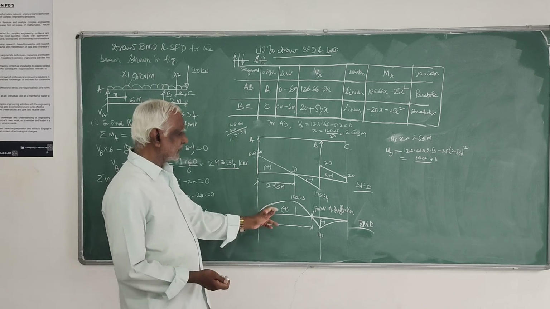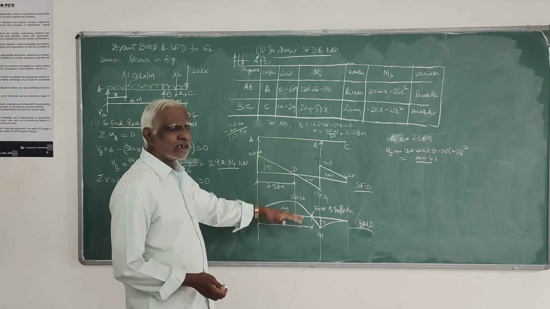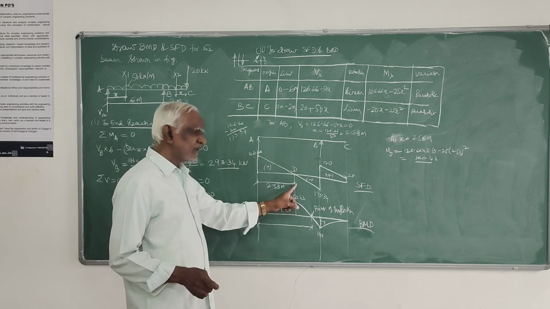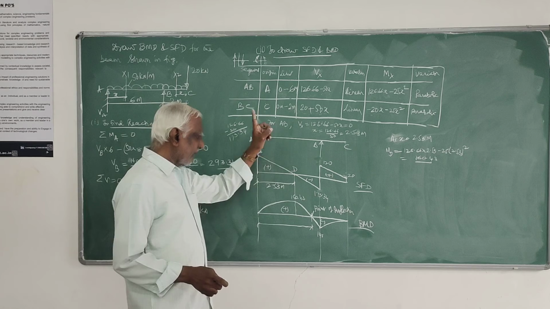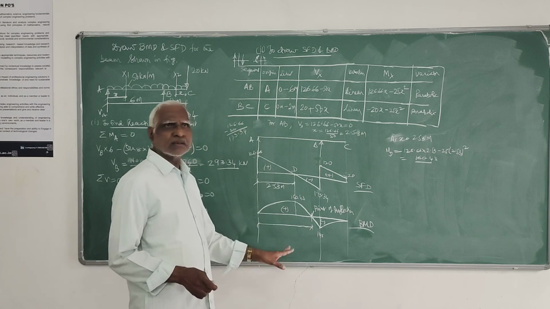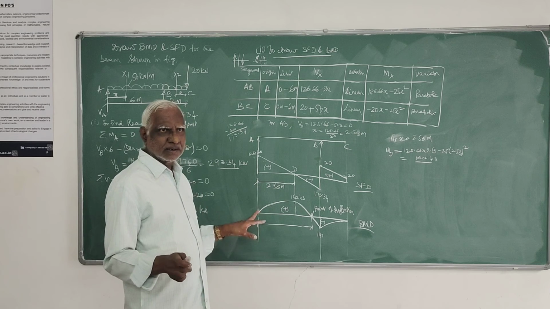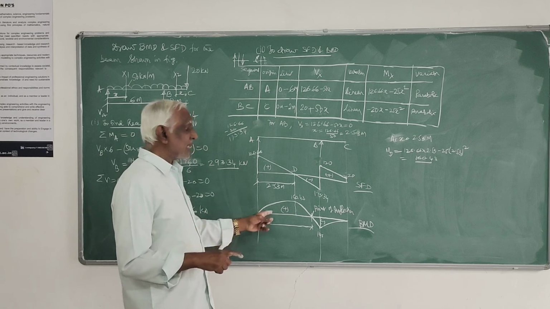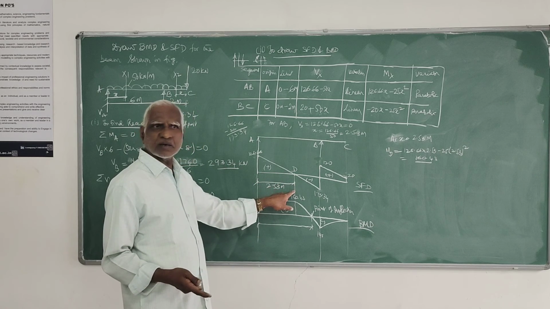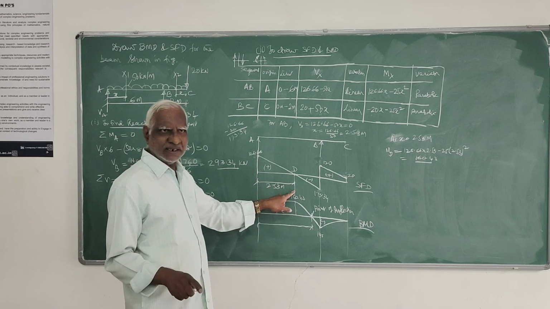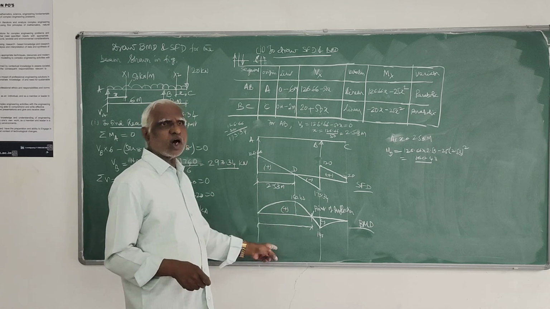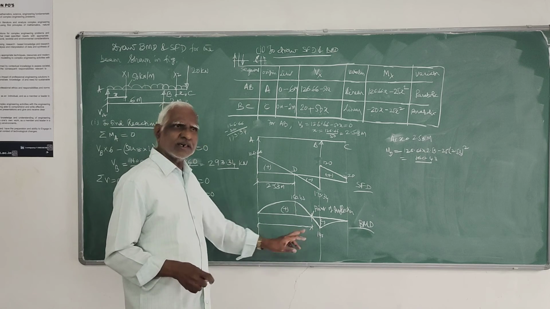So these are some of the salient points which you have to determine during the exam. The point of 0 shear, the point of 0 bending moment, and the point of 0 shear itself is the point of maximum bending moment. So they can ask to find the maximum bending moment in the beam. If they ask, you have to determine the point of 0 shear automatically, and if they ask where the bending moment is 0, or the point of inflection, then you have to determine it.